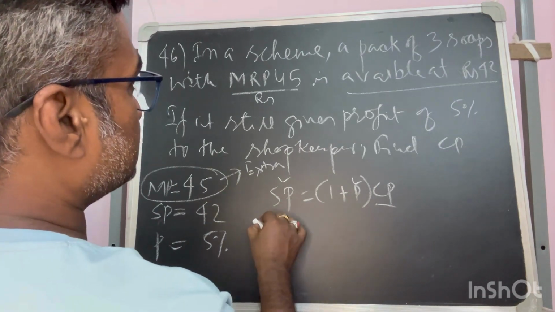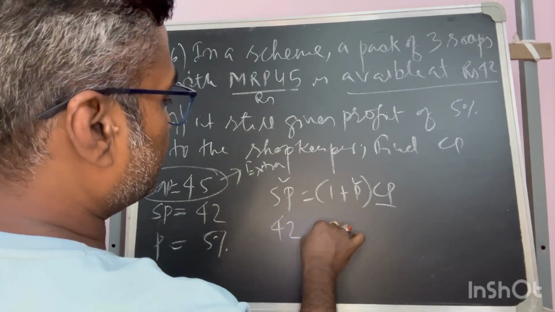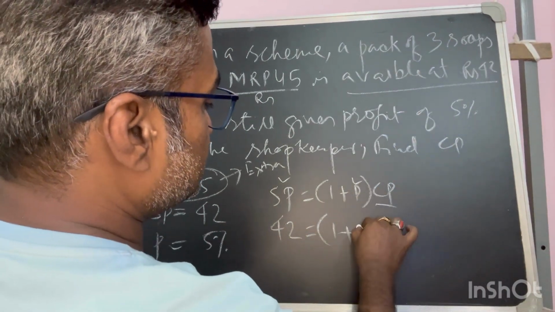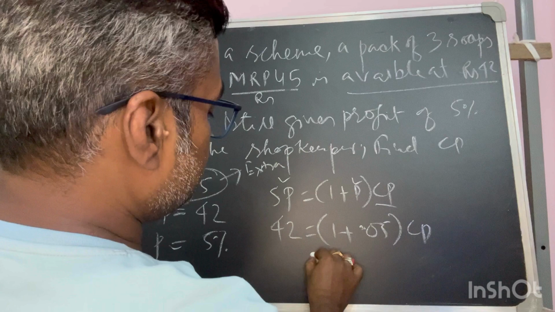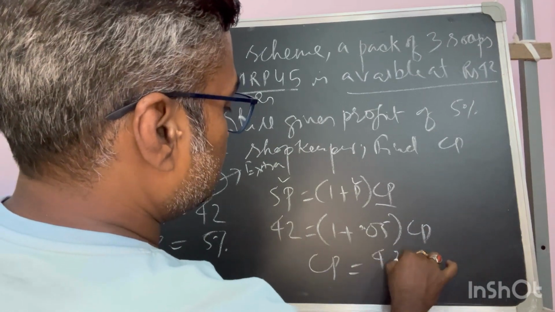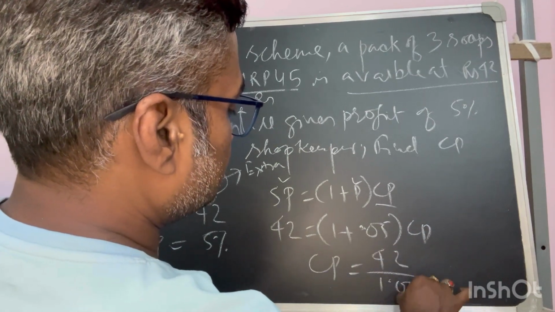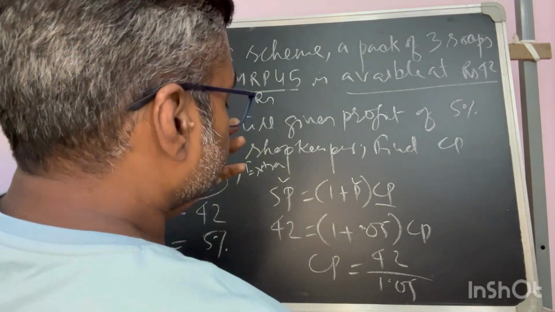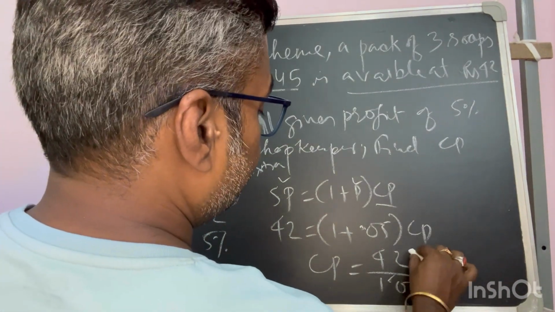So as it is already given, I can put 42, it is 1 plus 5% profit, means 0.05, into CP. So CP can be calculated by this, no other thing is needed to get CP. So you can calculate from there how much it will be.